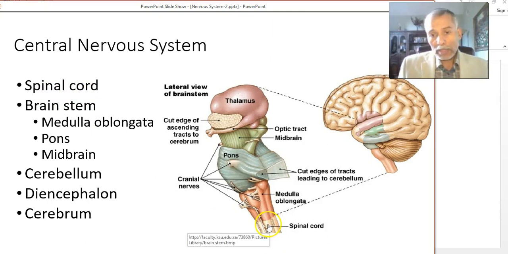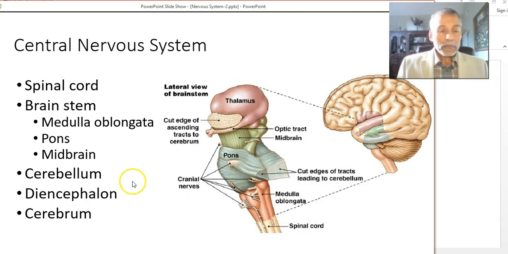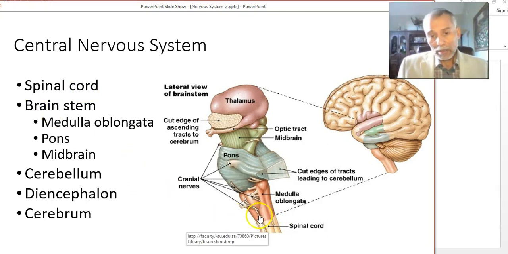So the spinal cord basically goes from right beneath the skull, which is this border here. As you could see here, all of this, the upper part here of the brainstem, is all inside of the cranium, inside of the skull. Beneath that line, then you have the spinal cord, and it goes all the way down to the bottom of your trunk. So we have the spinal cord, the brain stem, that is the brain stem. All of this is the brain stem, or here.